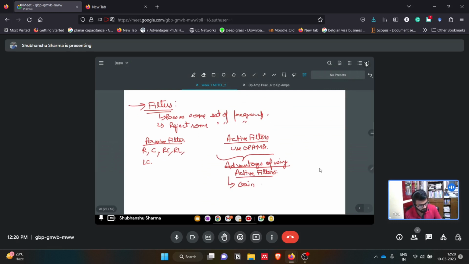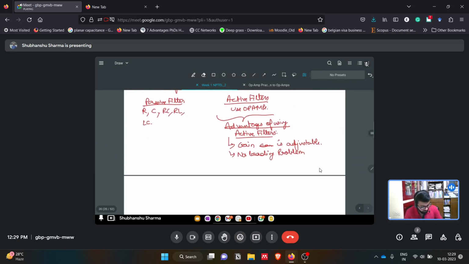So gain is adjustable. There is also no loading problem, as we saw, because there is a high input impedance of the op amp. And these are also cost effective.